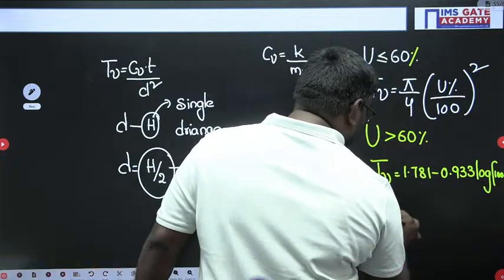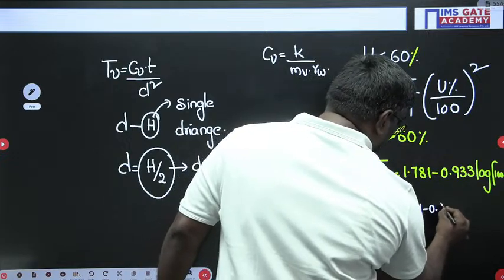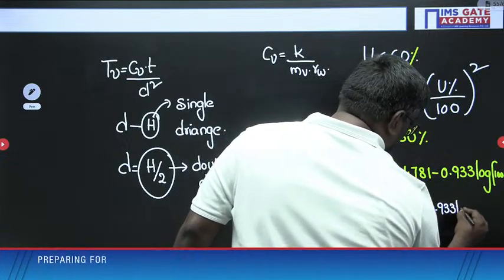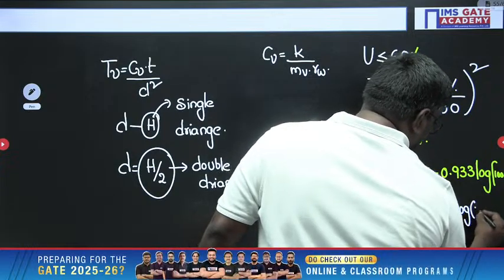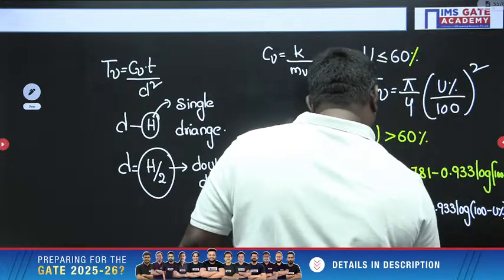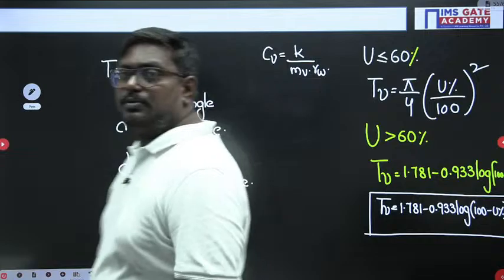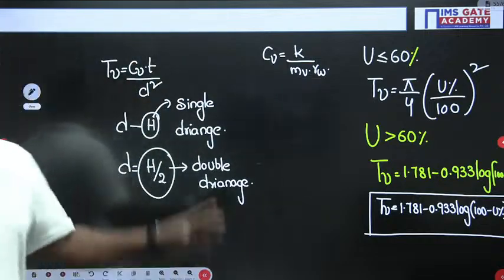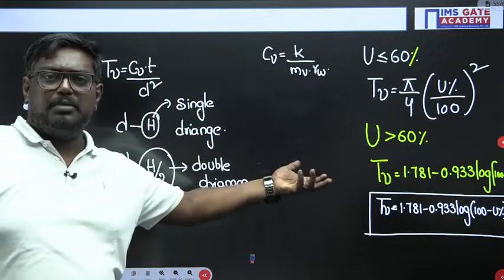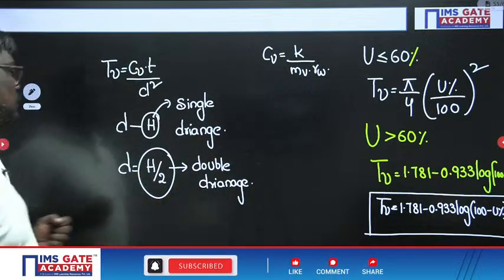So Tv is equal to what, sir? 1.781 minus 0.933 into log of (100 minus U). Clear, sir? So these relations, they might give you in the problem, and from this you have to develop a relation also, sir. Okay. This is all about consolidation.